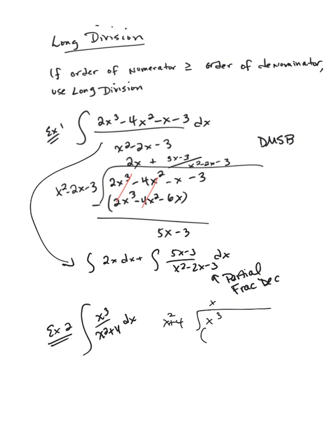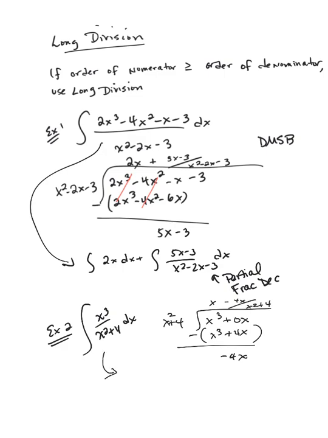I get x. I multiply by x. So I get x cubed plus 4x. So I have to subtract this. So I end up getting negative 4x, and that's my remainder. So I put my remainder over my divisor.